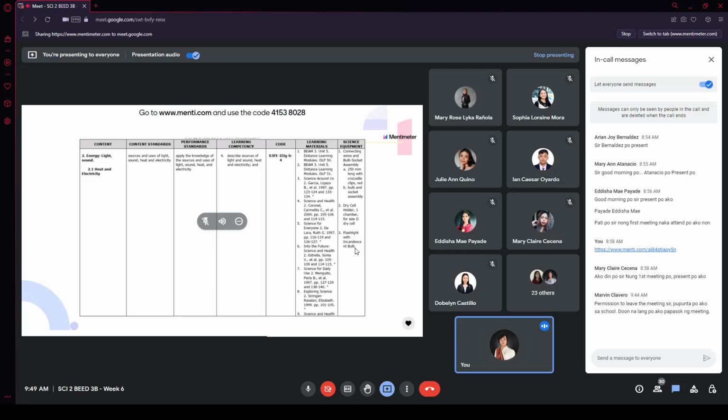Although we don't really use incandescent bulbs anymore. This is outdated. So what's the difference between incandescent bulb and LED light? So for LED flashlights, they're actually not cheaper. When it comes to the battery, they are much less expensive when it comes to the usage of power.